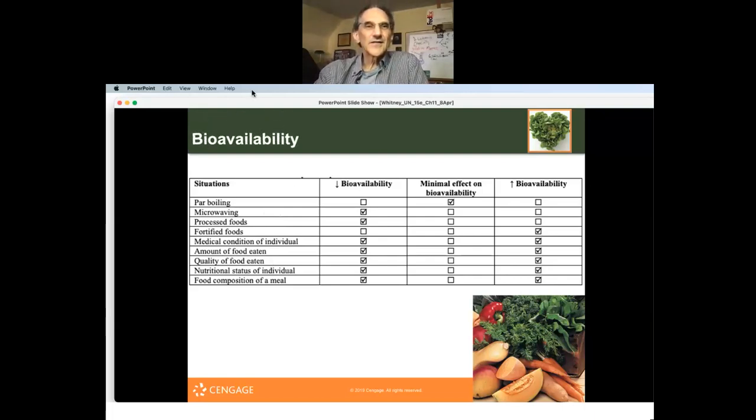And we talk about bioavailability. This word bioavailability is extremely important. It's not just what's available in the food, but it takes into account preparation of that food, digestion of the food, and absorption of the particular nutrients. So it's a whole sequence of events to go from food to being active and available in our bodies.